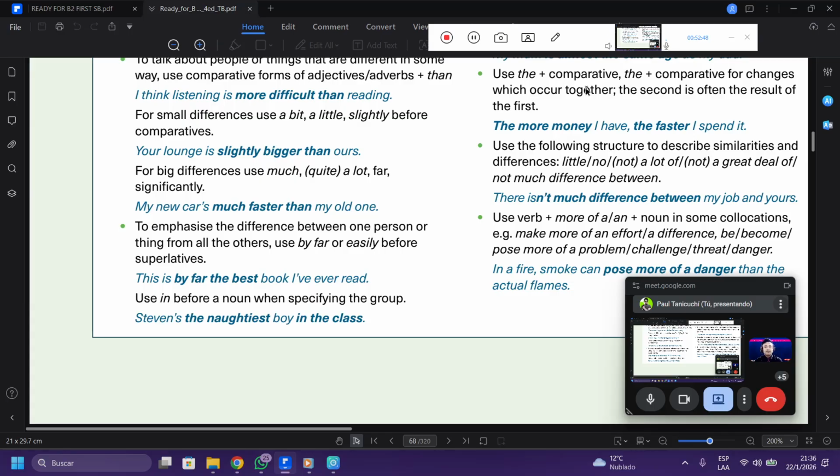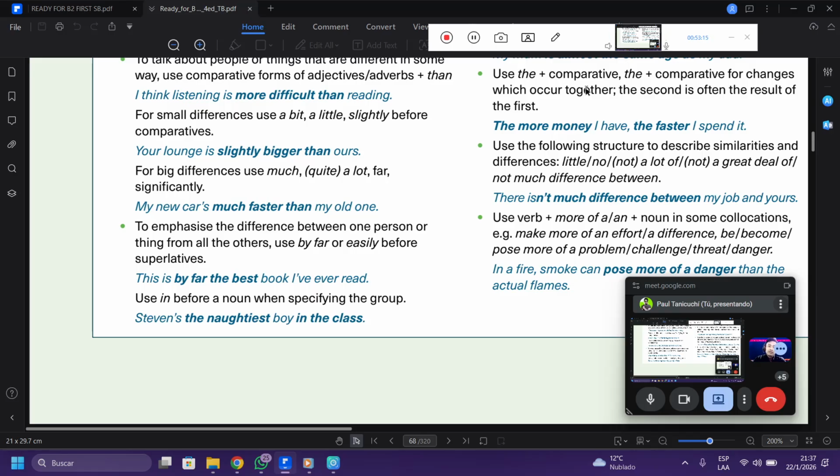Perfect. Yes. Nice. Next. It could be, the more intelligent students I have, the faster they will graduate. I'm sorry, I couldn't hear you so well.